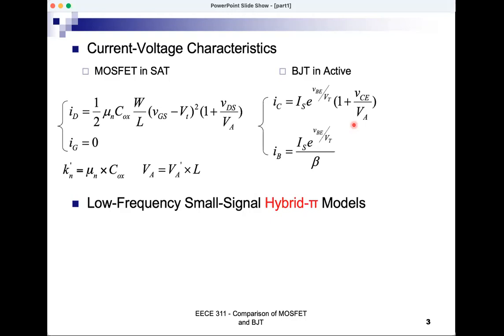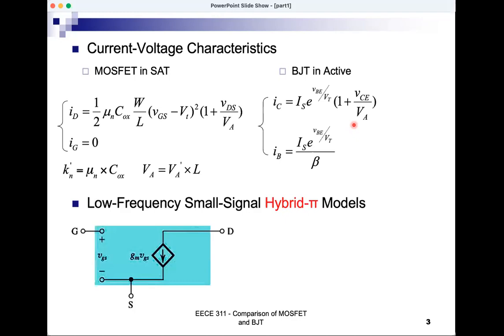And the reason we can do that is because the signals are small. So when the signals are small, we can approximate the nonlinear functions by just the linear expression, linear expansion.